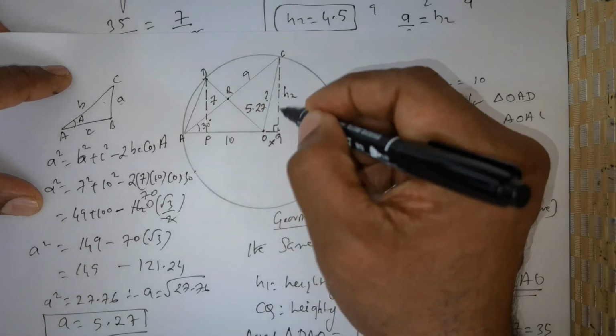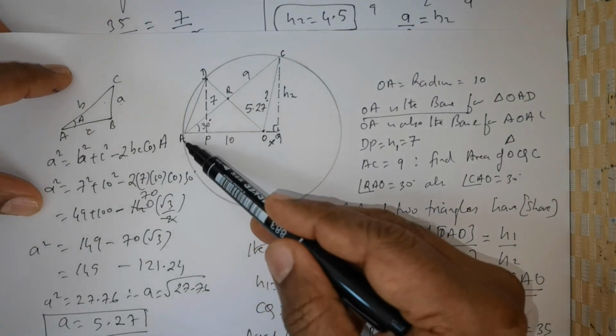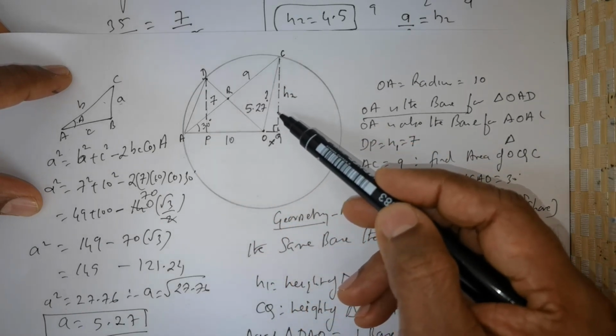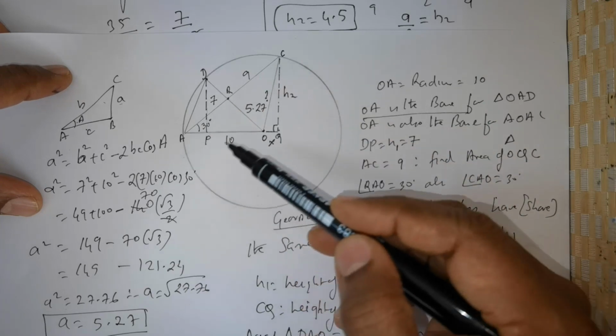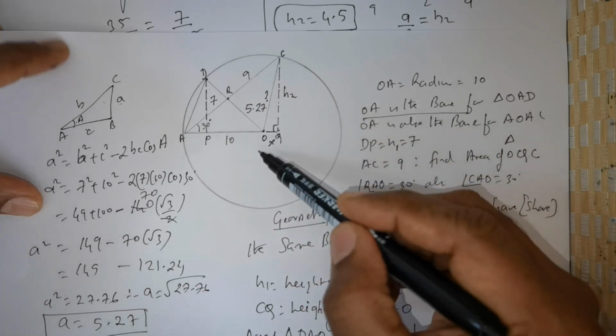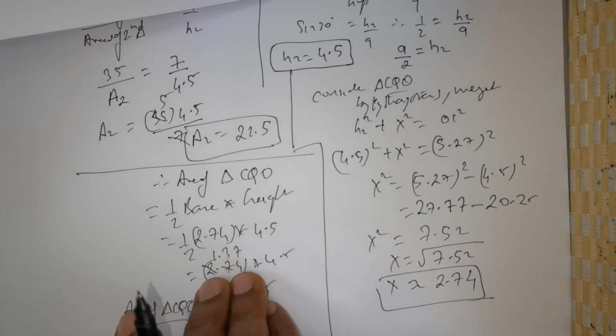Now my point is, if I were to take the entire area and subtract the second area, I need to get this segment. Now the x value is 2.74, so 2.74 plus 10 is 12.74.